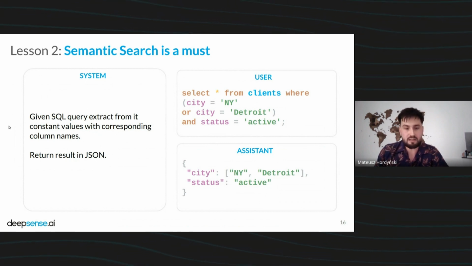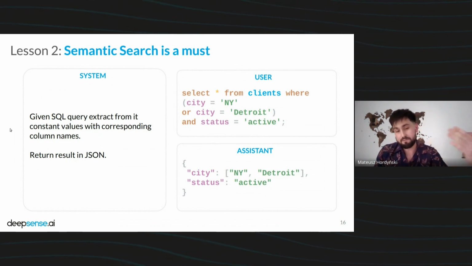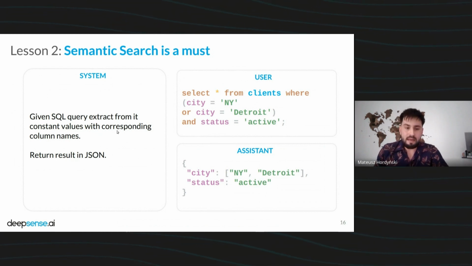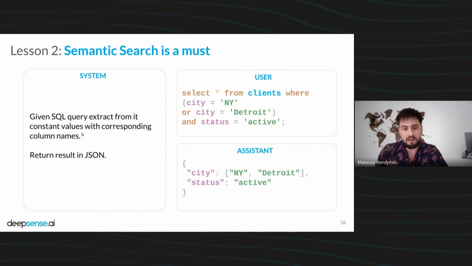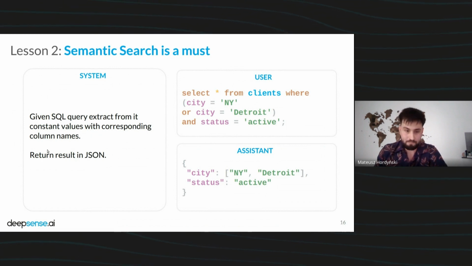So given an SQL query, to extract from it, we can employ the large language model here. And we do this by using this prompt. In the system prompt, we have something like this: given SQL query, extract from it constant values with corresponding column names, return result in JSON.